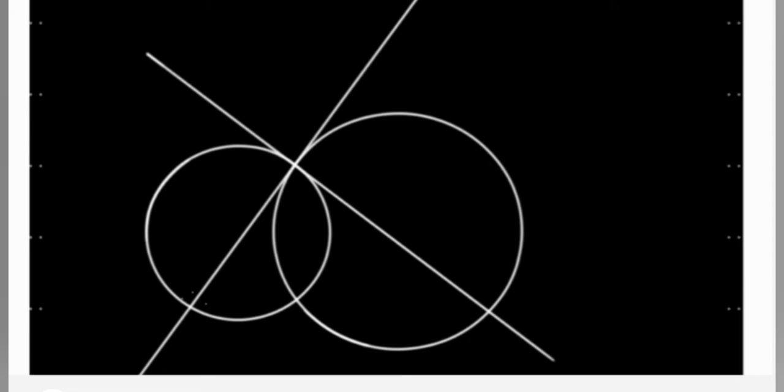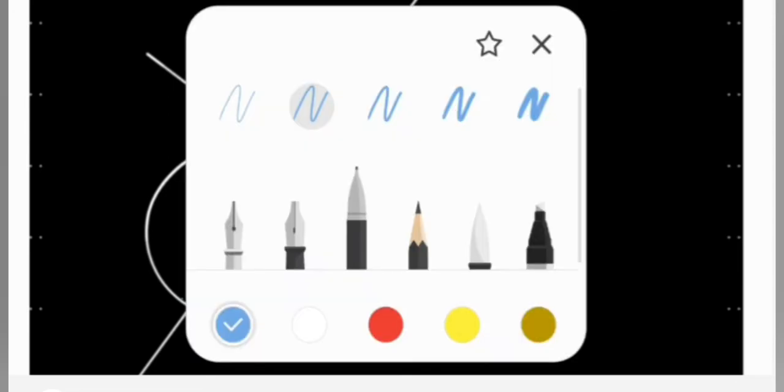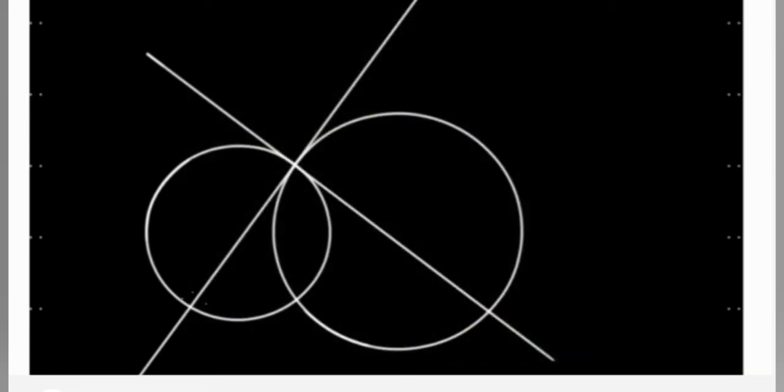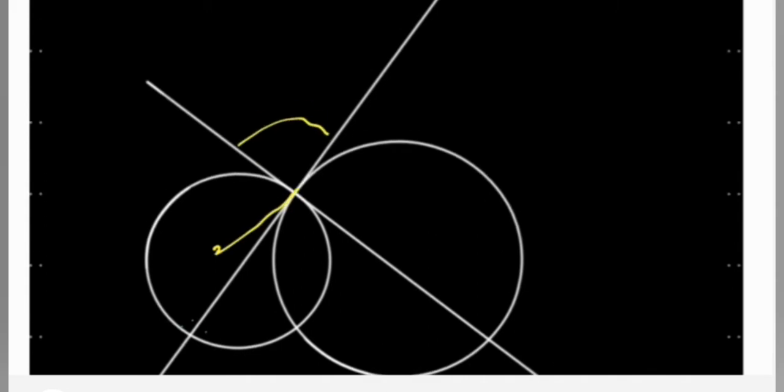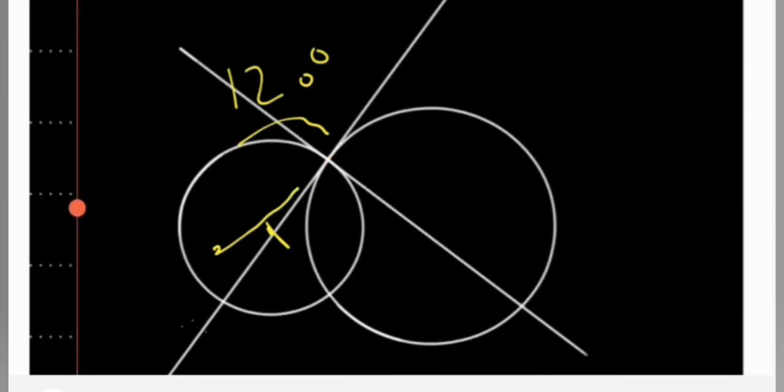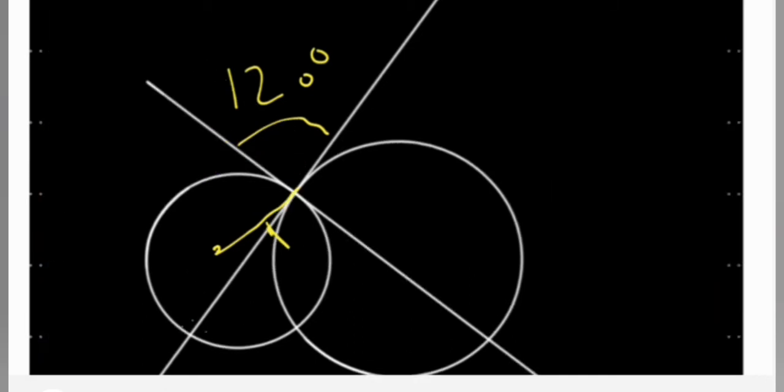Now look, in this drawing over here, I need to note the center. It seems like it makes sense over here, and this is the radius, right? This is the radius. Okay, now look, this is 120 degrees, but this is the radius, the yellow one, and this is the tangent line to the circle, right?